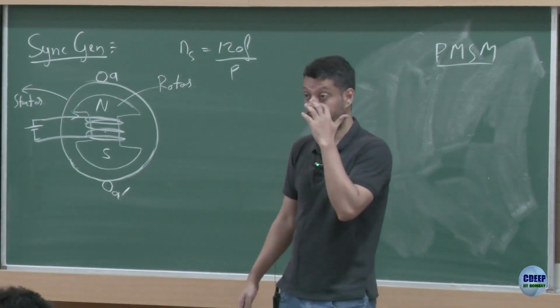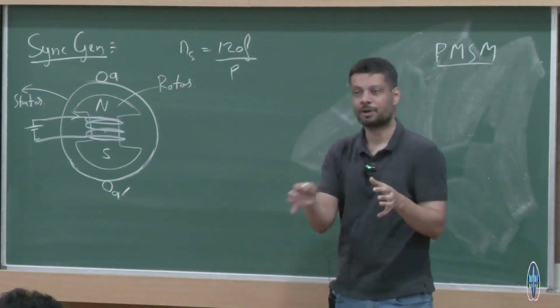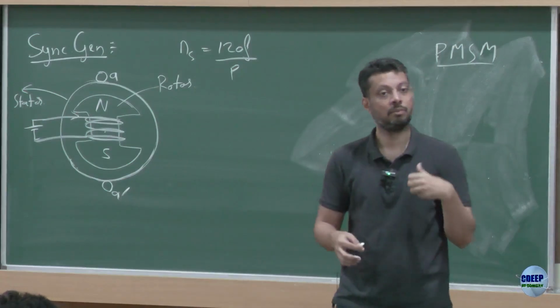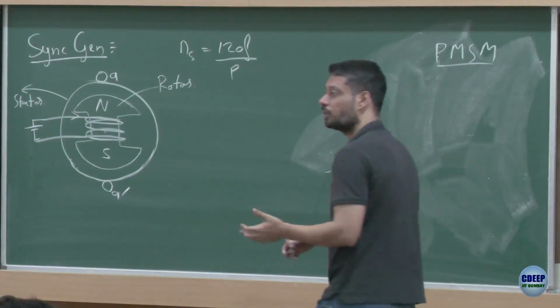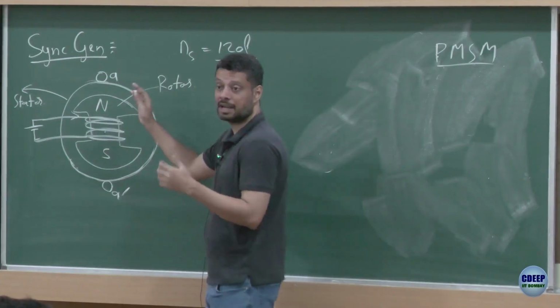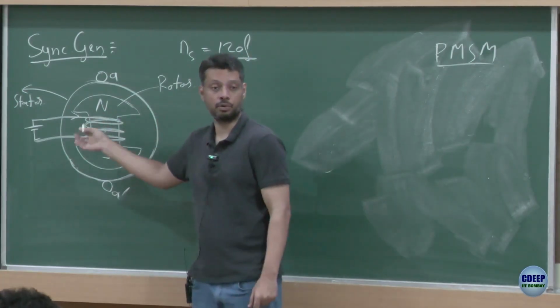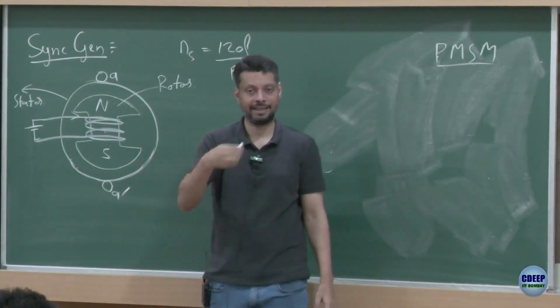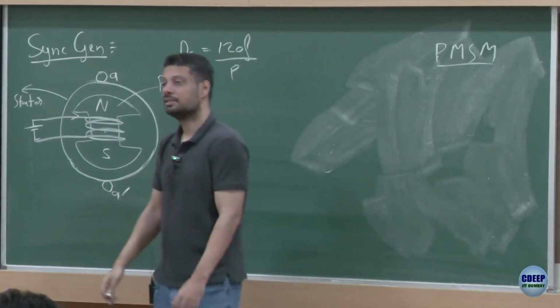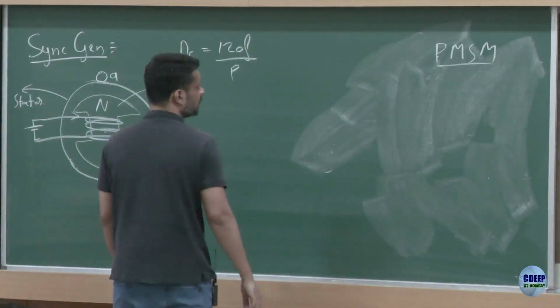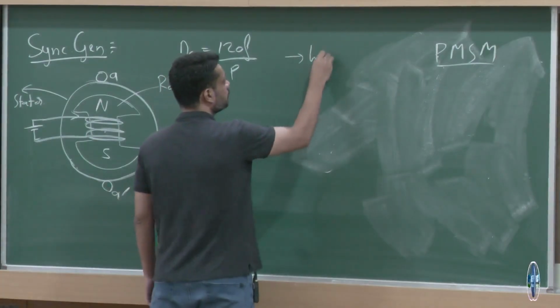So a permanent magnet rotor is used usually for low power applications, mostly for motoring mode. For generation, especially for high power, you use a wound rotor. Wound rotor means you have a winding. Is that okay? So wound rotor versus permanent magnet.